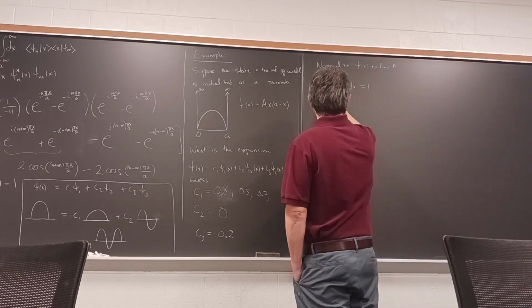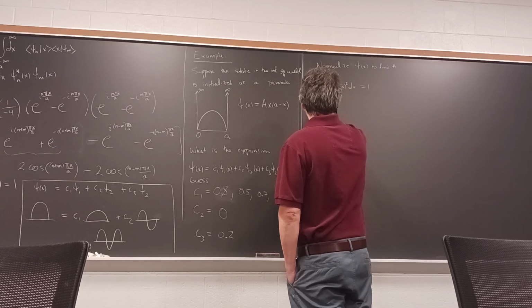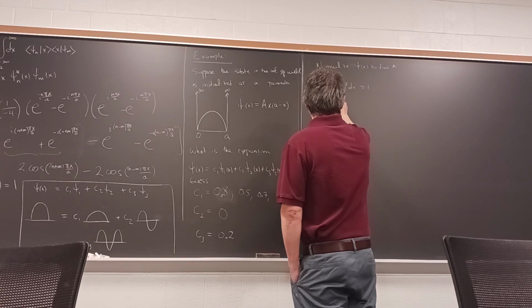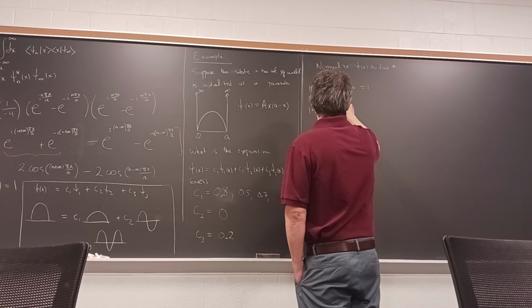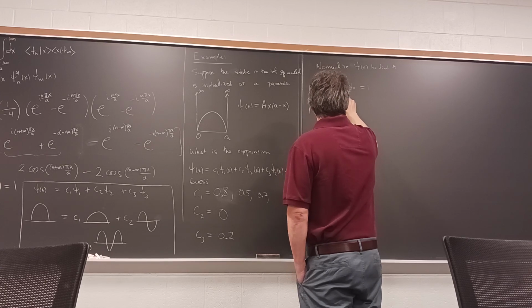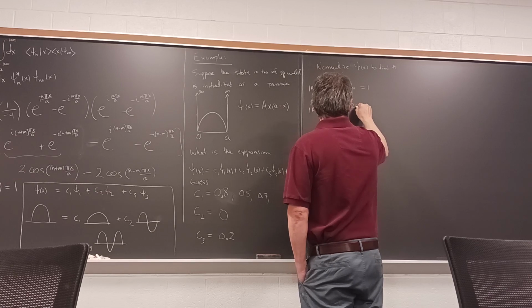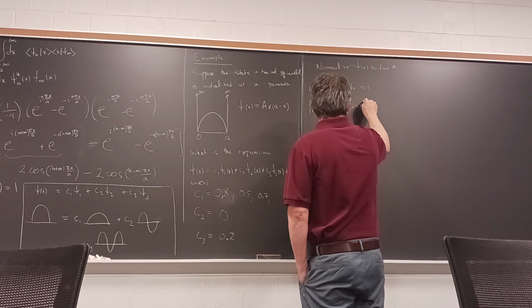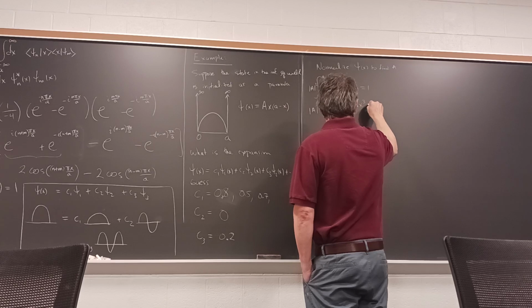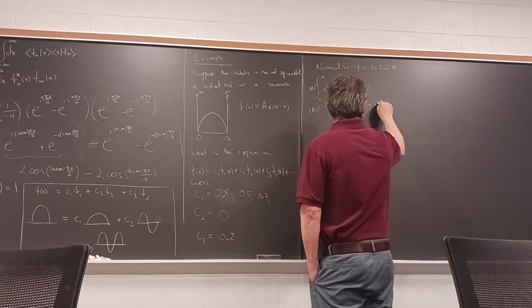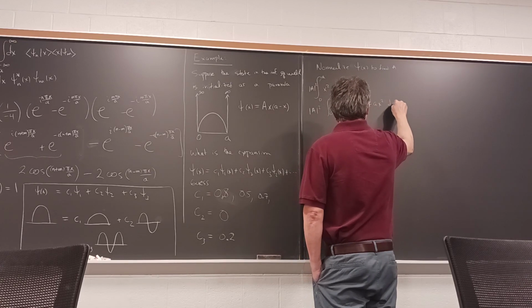And this is just an integration you can do. What is this? That's x to the 4th minus 2a x cubed, plus a x squared dx equals 1.